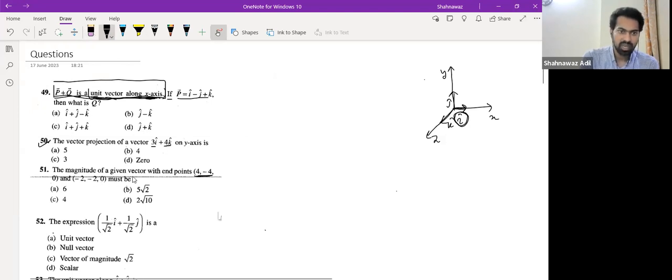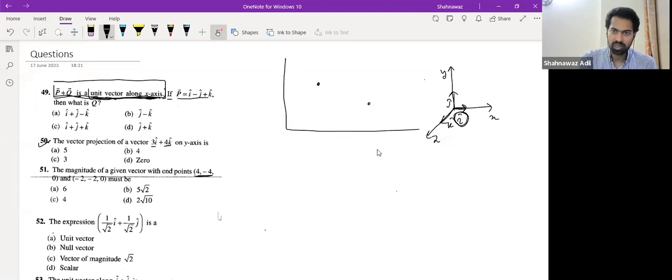So the magnitude of a given vector with n points. We have to find the magnitude of a vector which is from this point to this point. So we have this coordinate system, X and Y. And the position of this A point is here, and the position of this B point is here.